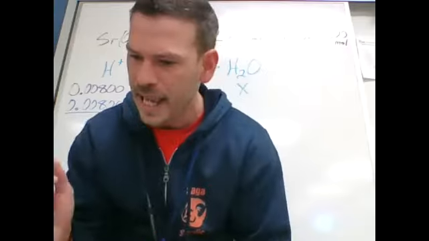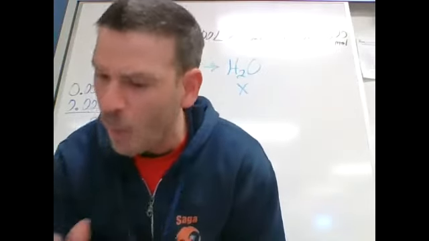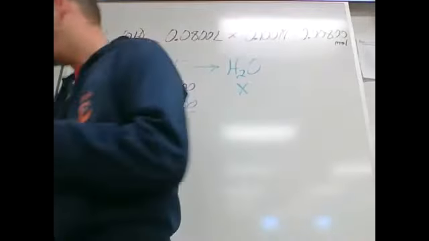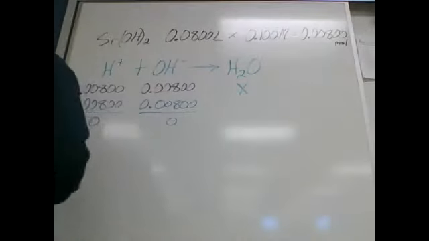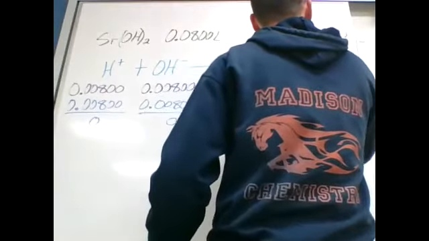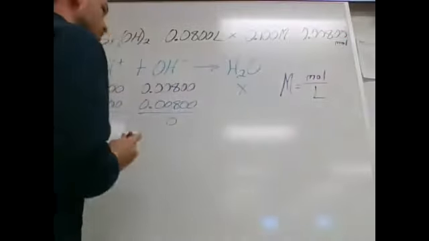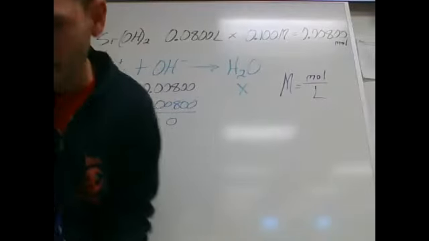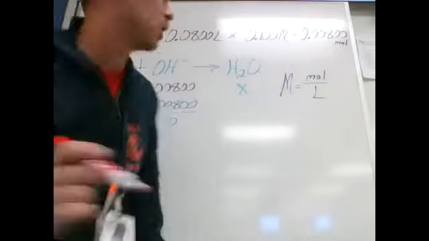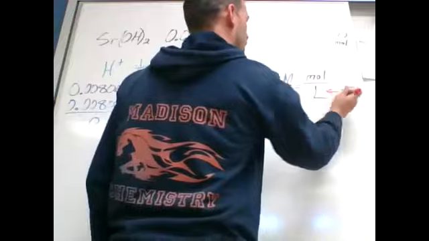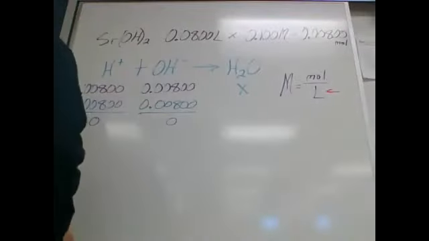It says we have 0.4 molar HCl, all right? So if we look at how it's set up, and considering that molarity equals moles over liters, let's look at the information that we're given in regards to how much HCl needs to be added. So we're looking for liters, right? We're looking for how much.